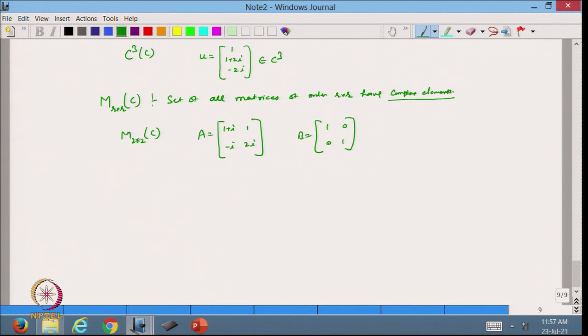Now, suppose I take this matrix. I know that this is of dimension 4.